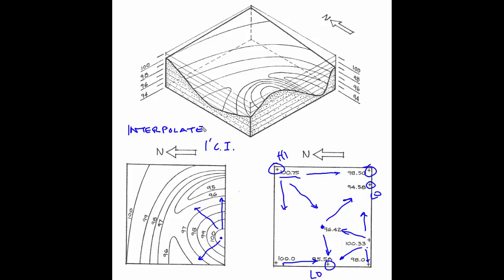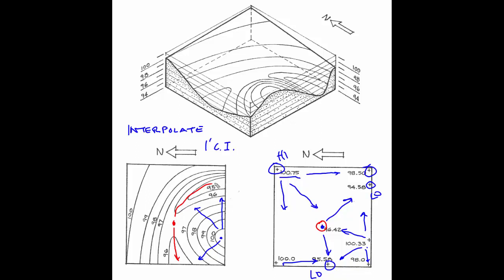Now, I want you to consider something else. We said that water flows downhill perpendicular to the contour line. So I'm going to switch my color here, and we said that if water falls right here at where it has 96.42 on the right hand map, it's going to flow up to the upper right and then straight down. Well, notice what we have is a flow path looking like this.